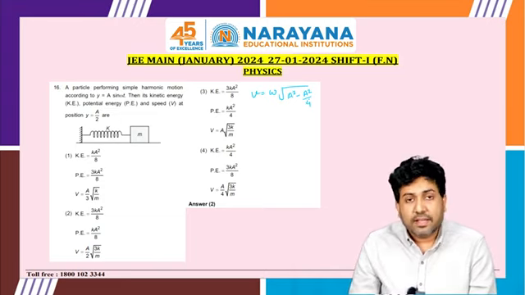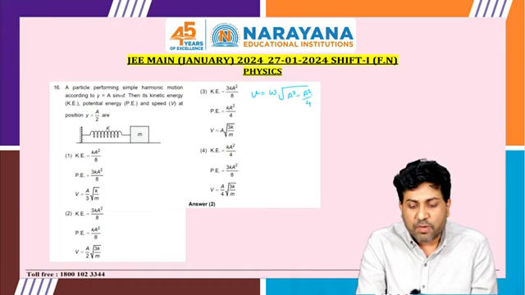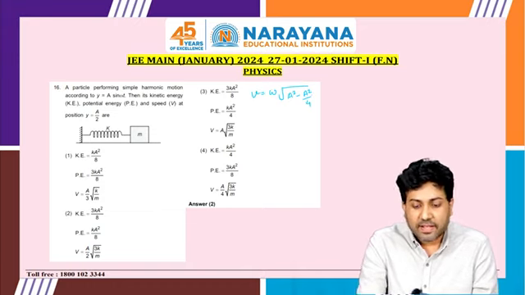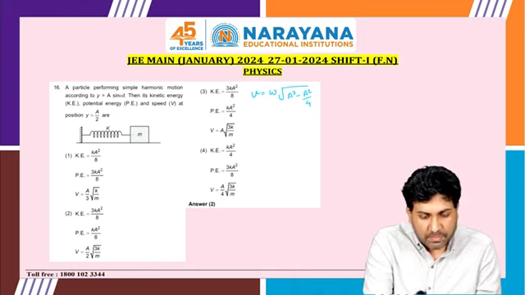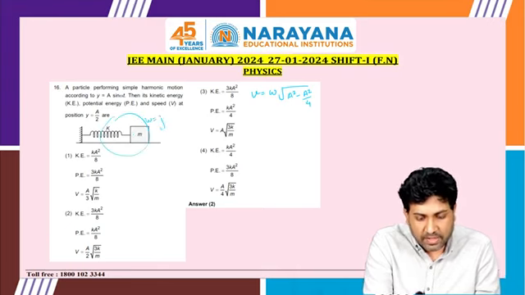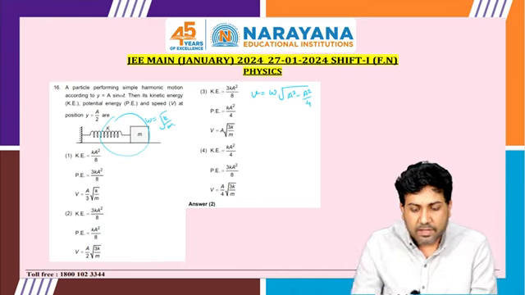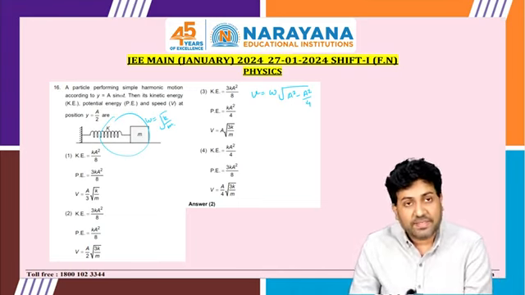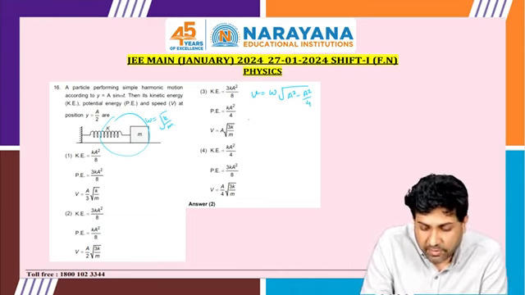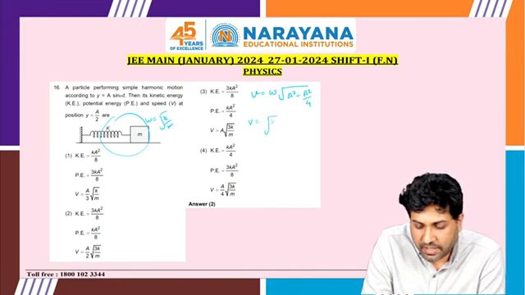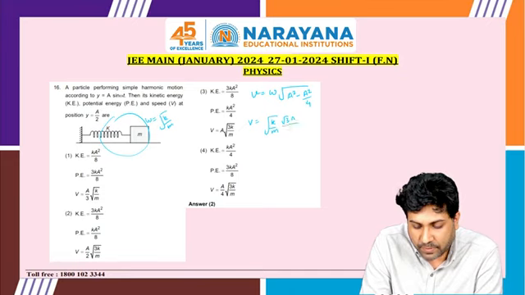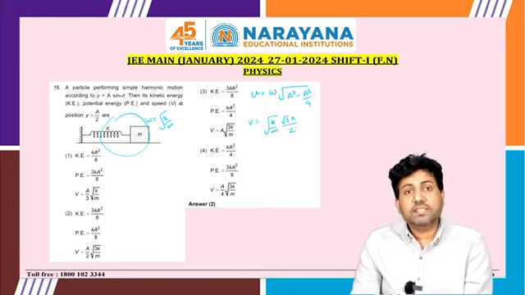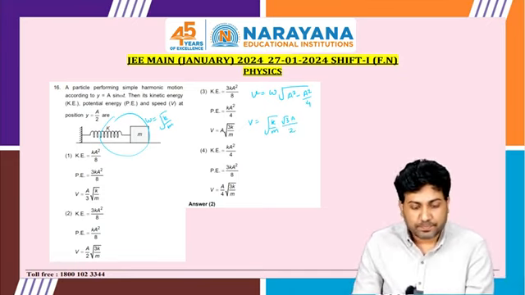So I have just put the value of x square here, and omega, from the spring, we can also write as root over k by m, because they have asked in terms of mass. All right, so I will get V is equal to root over k by m into root 3a by 2. Okay, so this is the answer for velocity.